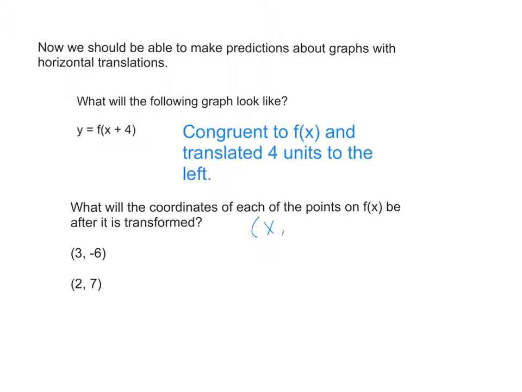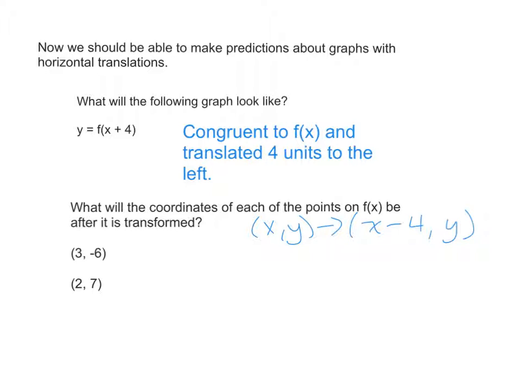The mapping rule first, xy maps to x minus 4 and y. So it says plus 4 up here, it goes to a minus 4 down there. And then we can do that to those points.